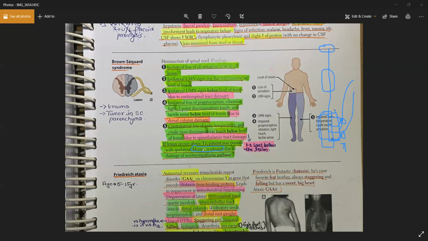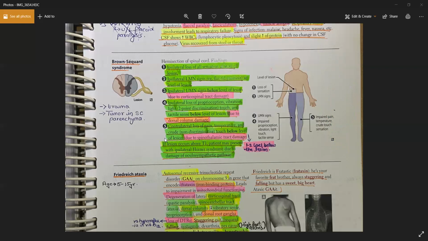The similar syndrome I will get if there is damage in the brainstem also, if you remember. In lateral medullary syndrome or lateral pontine syndrome, I have Horner syndrome also. Why? Because all these fibers are also crossing my brainstem. So remember that up to T1, if a lesion causes loss of a unilateral segment of the spinal cord, I will also get ipsilateral Horner syndrome along with all these five symptoms.